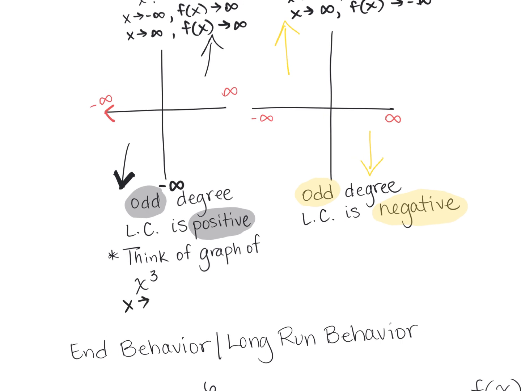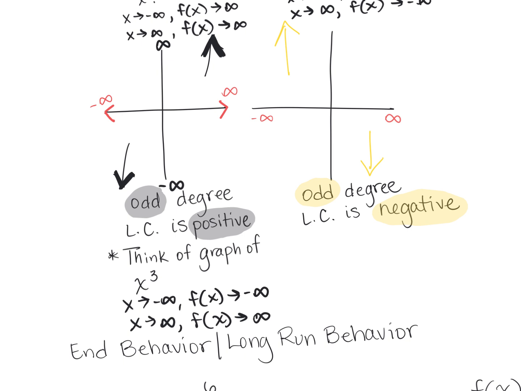As x is going to go to negative infinity, f of x is, in this case, going to go to negative infinity. Okay? And then as my x's go off toward positive infinity, this goes up. So this is going to go toward positive infinity. So my x's are getting exclusively large, and then my y's are going to do the same. Now that's if my leading coefficient is positive.